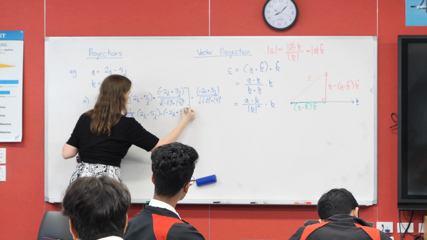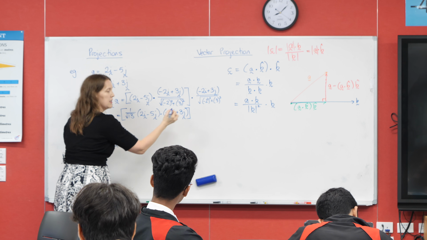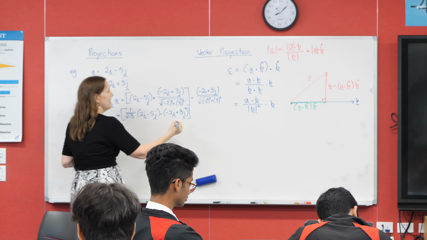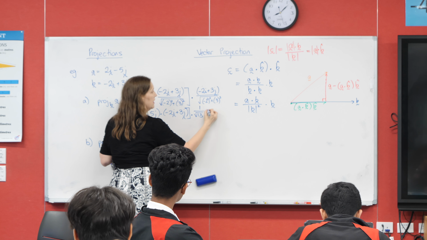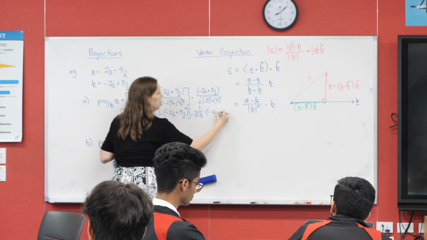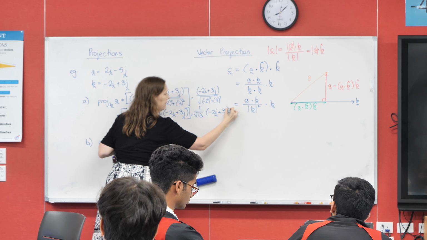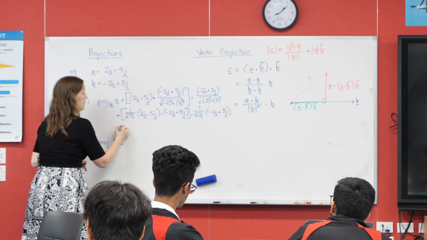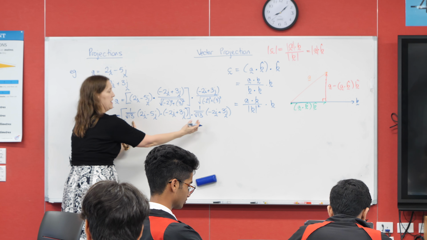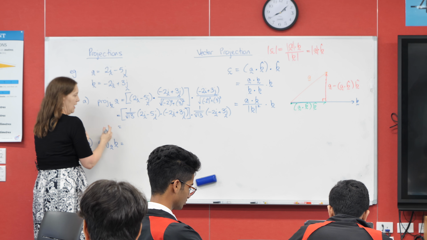And this I'm kind of comfortable with, except for my brackets. Then I have times another 1 on root 13 times minus 2i plus 3j, which is just this. I can bring these two out the front.